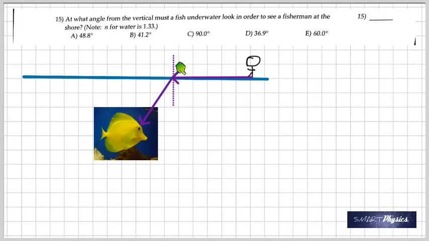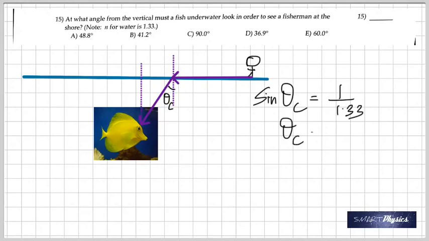I mean, here is 90 degrees. So this is the critical angle. And so you find the critical angle. And definitely that same will be the angle here, right? So the answer is about 49 degrees. Thank you and good luck.